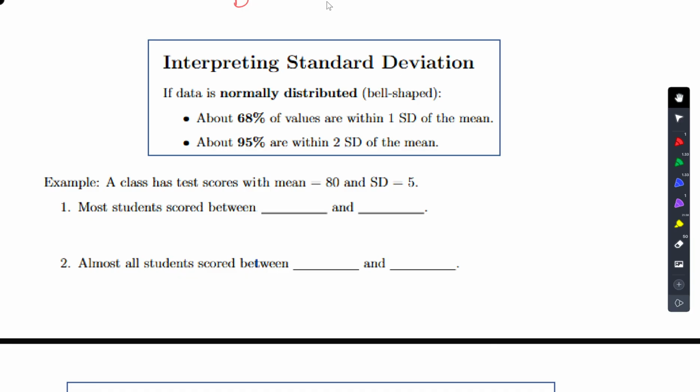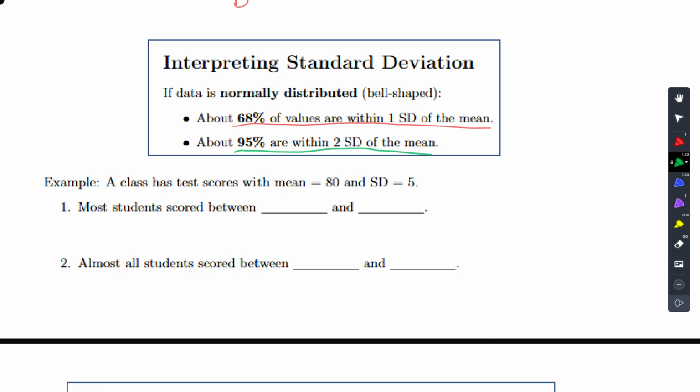So if it's normally distributed, 68% of the values are within one standard deviation of the mean, and 95% of the data is within two standard deviations. Again, it's like a summary of data. I know this 68% seems random, but that's one standard deviation, and then 95% is two standard deviations.